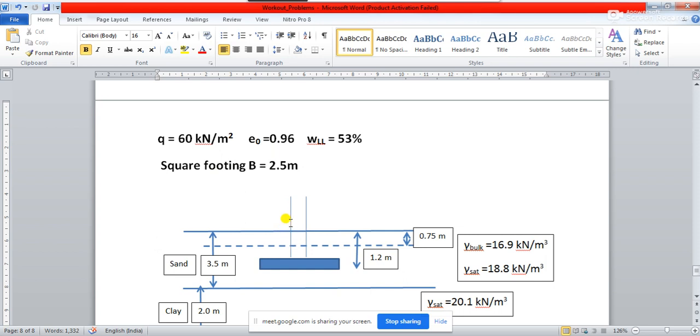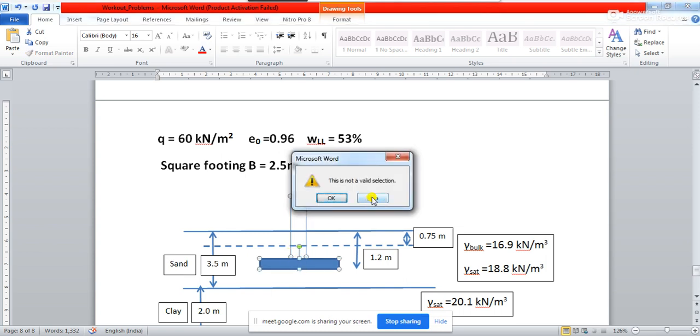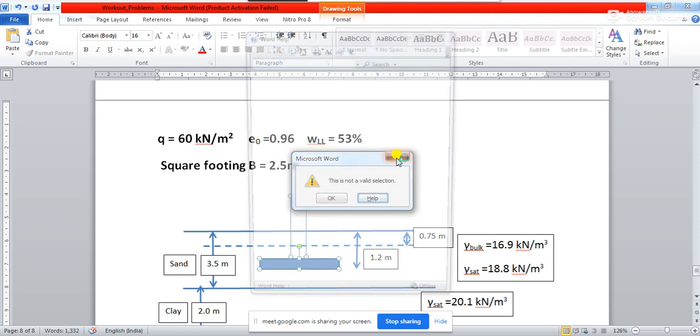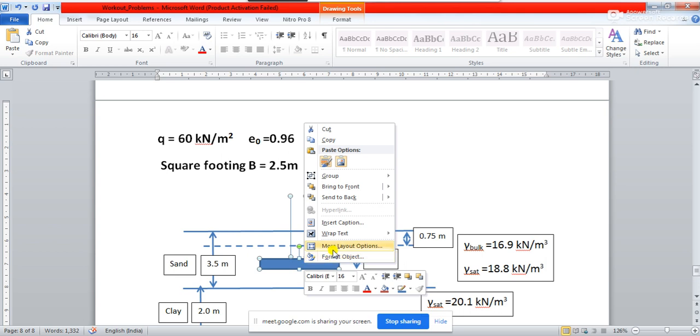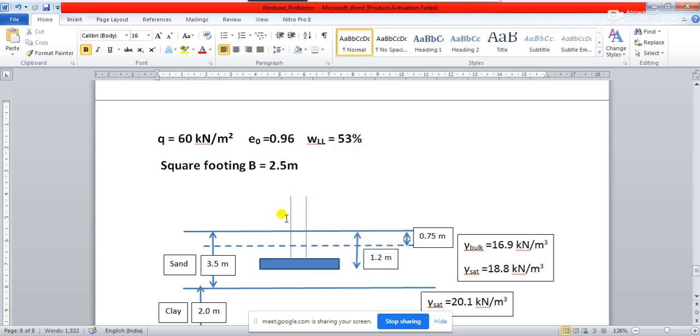Through this column the loads will be coming to this footing.